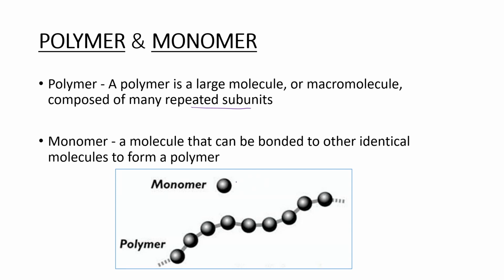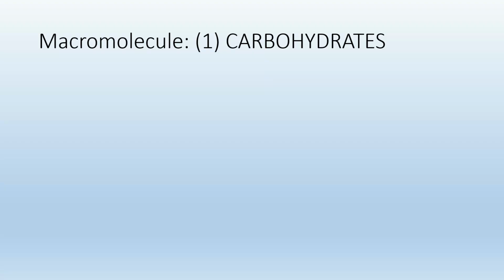So again, the individual is the monomer, where the entire monomers all linked together. That's what makes the polymer. Okay, so the first macromolecule that we're going to take a look at are carbohydrates. Now, what you're going to need to know is examples, structure, functions for all of these, okay?